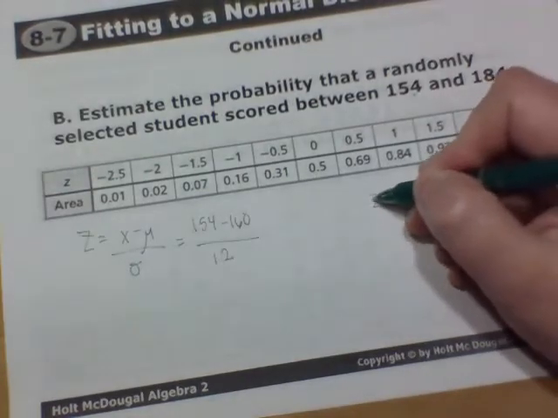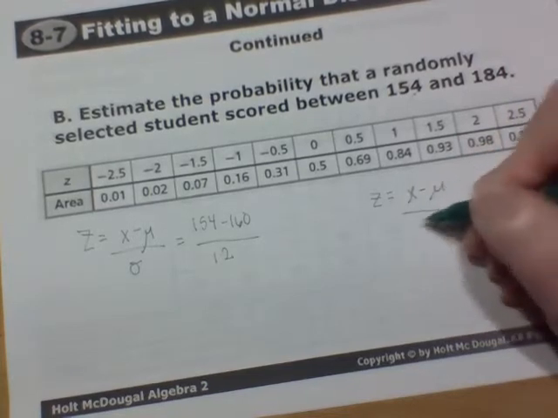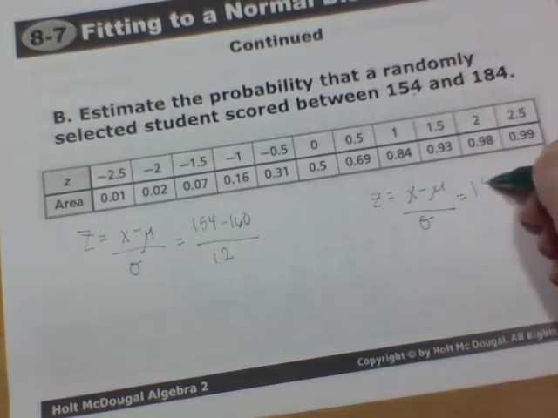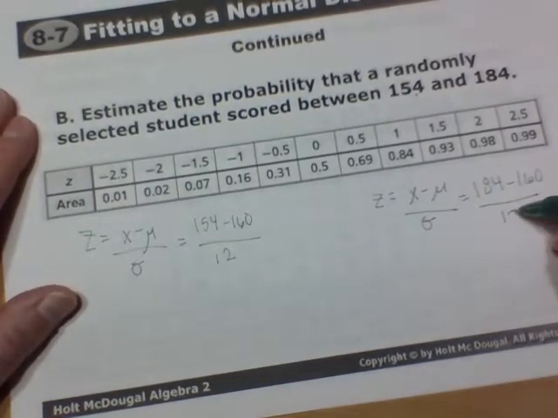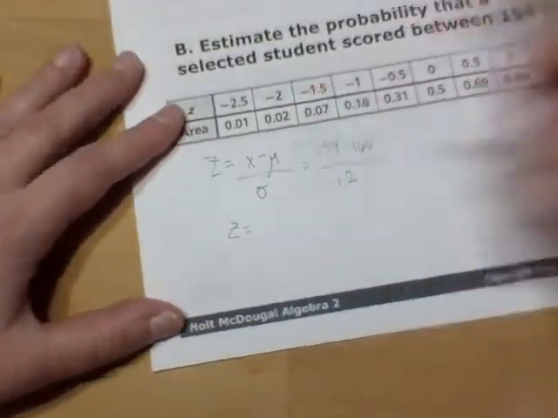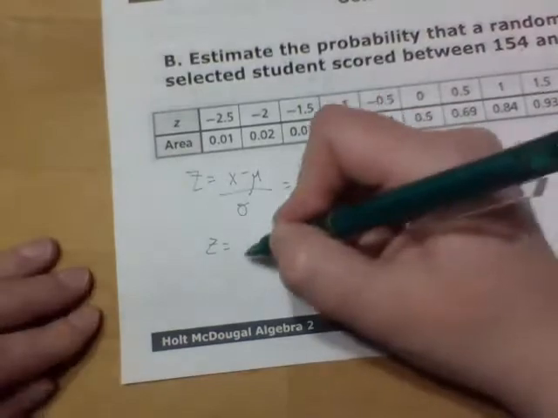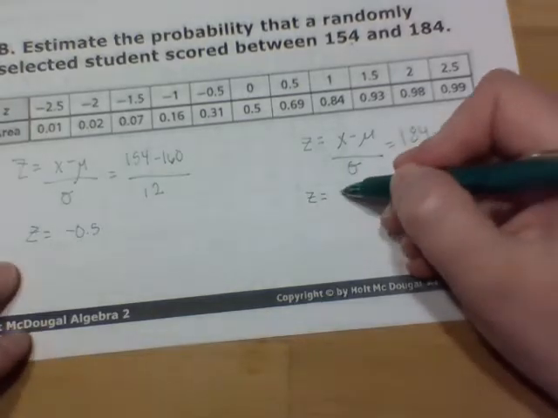And then the other z is going to come from the new x, which in this case is 184 minus 160 over 12. And so this first z is going to become negative 0.5. The second z is going to become 2.